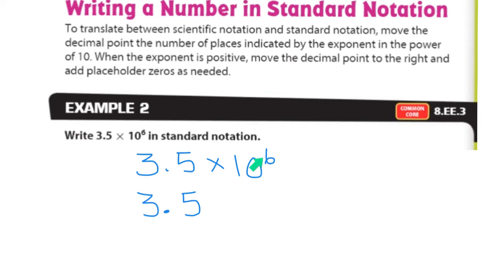And I move my decimal point 6 times to the right. So I'm going to move my decimal point 1, 2, 3, 4, 5, 6 times. And I need to fill in all those empty spaces with a 0.